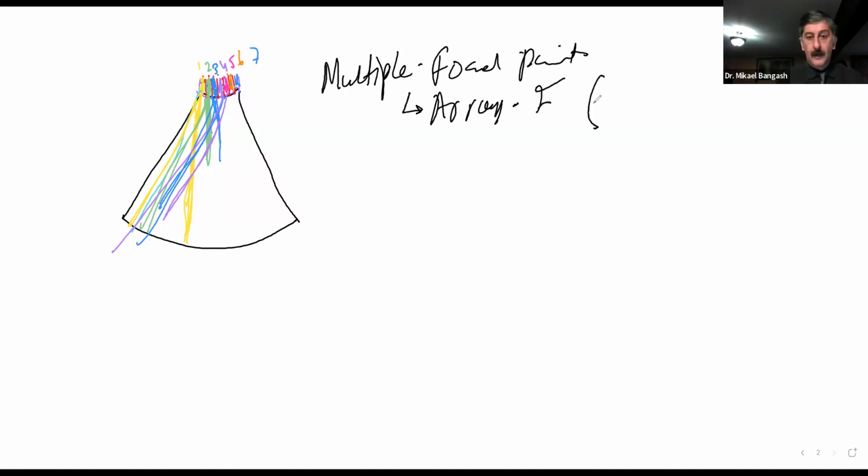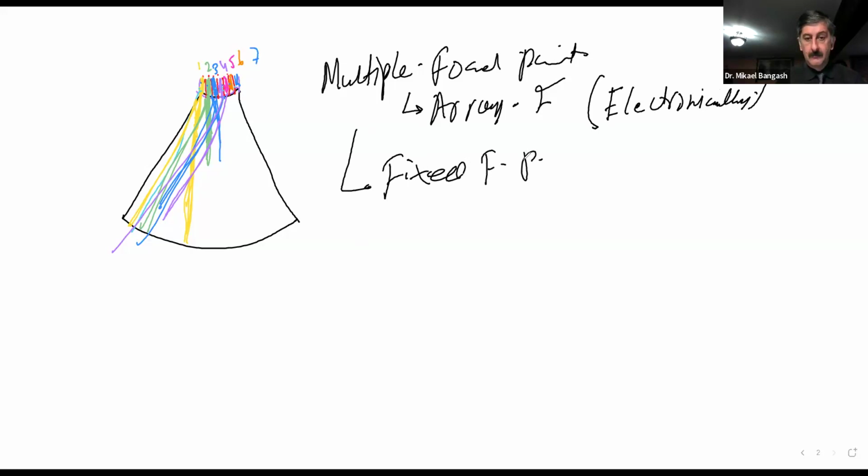In most instances, there's one exception, these focal points here are going to be controlled electronically, whereas we only had one fixed focal point.